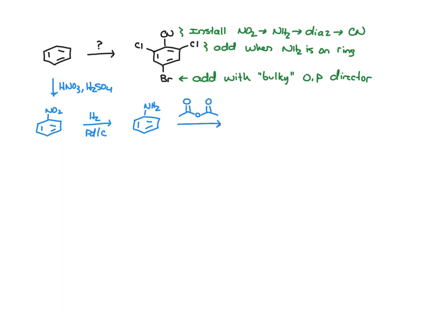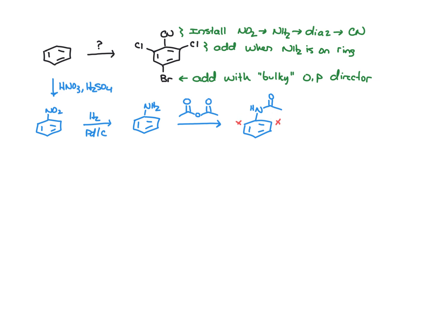So for that, I'm going to add this anhydride. Now you have this bulky group that blocks out the ortho positions. So this is the time to add the bromine, because the nitrogen is still an ortho-para director.